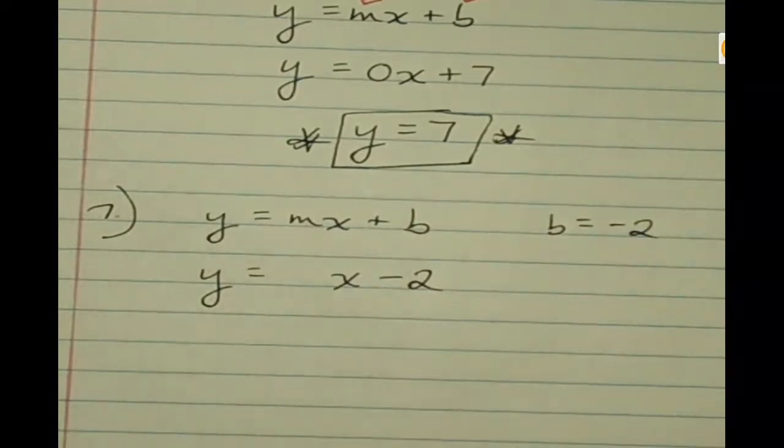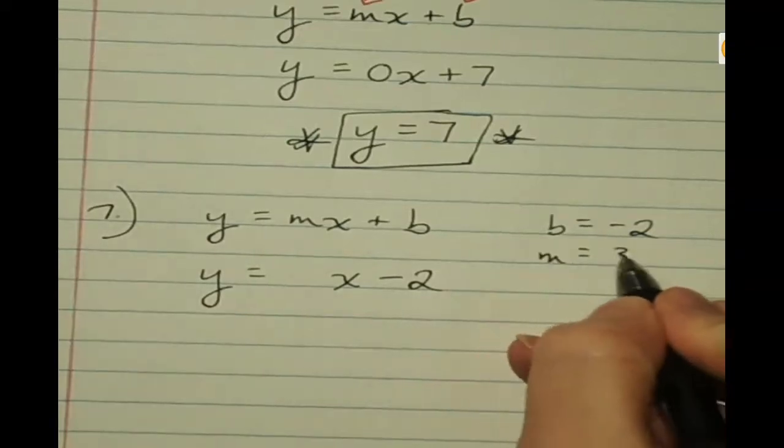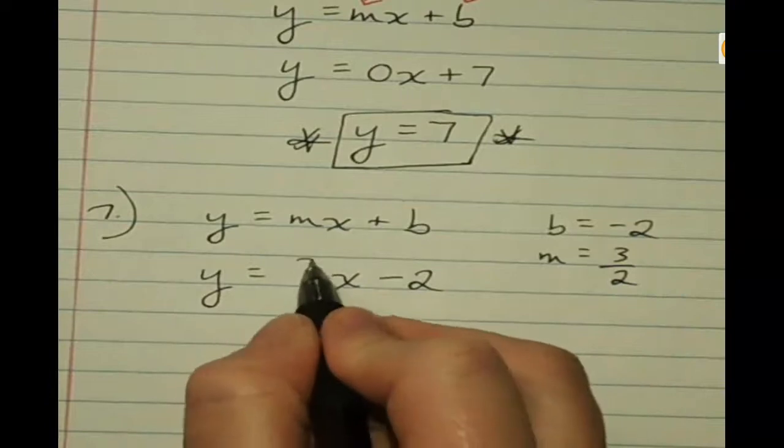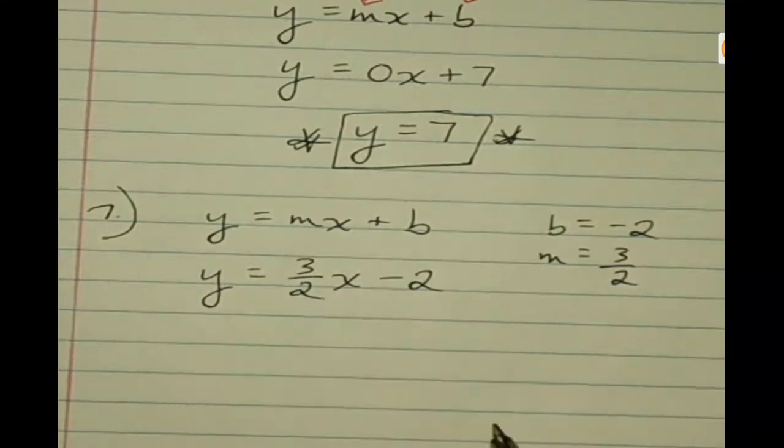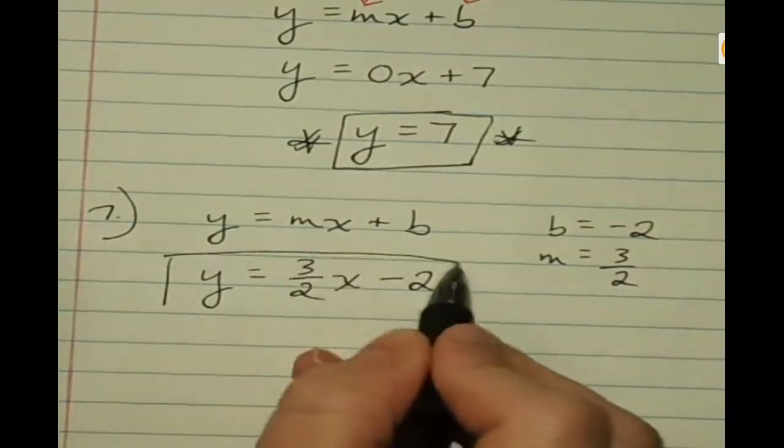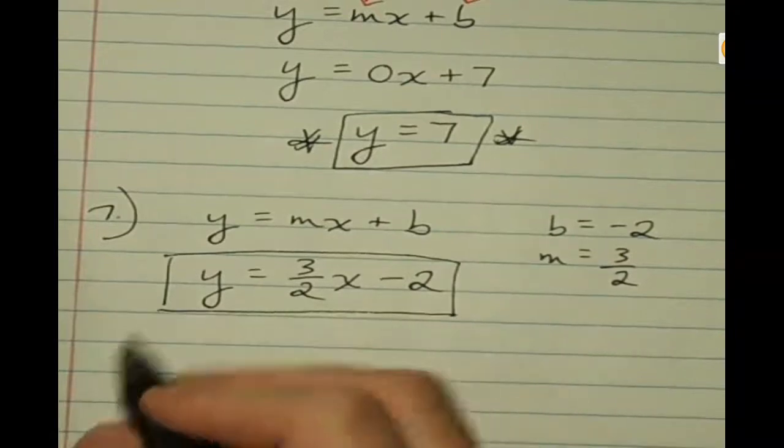Does everyone see that before I move on? Okay, good. Now start right there at that y-intercept and tell me what the slope is. 3/2. Your slope is 3/2. So here's your equation. Good job, Taylor.